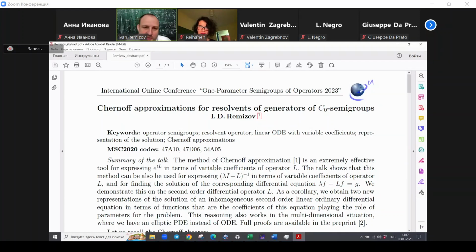Chernoff approximations are used to find a semigroup, C0 semigroup. And they provide solutions to evolution equations because C0 semigroups provide such solutions.